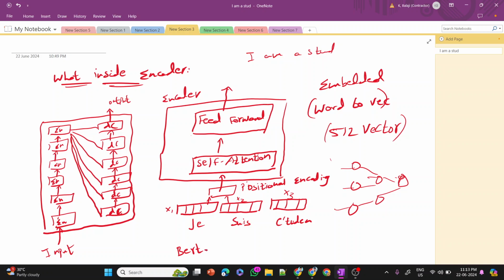But this is another architecture, in which only encoders will be there. And ChatGPT uses a model called GPT. Inside GPT, it is built using only decoders.